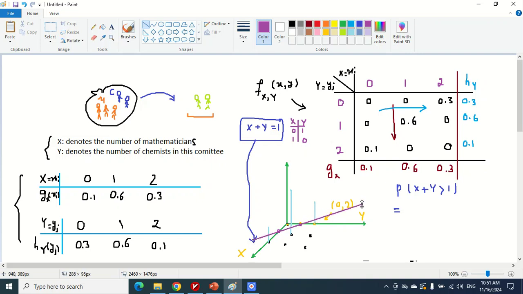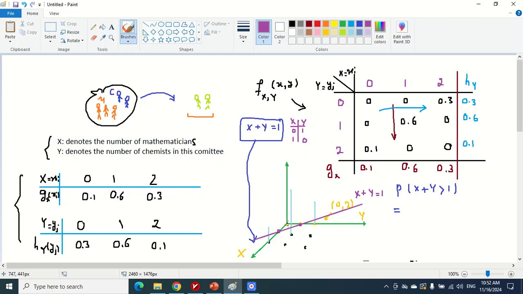It's the line of x plus y. If I sketch it, x plus y equal to 1 is this purple line.